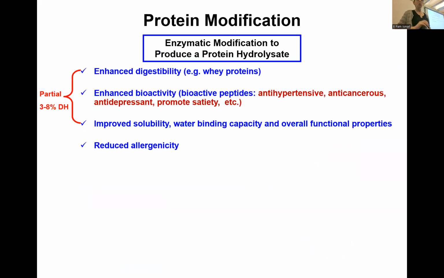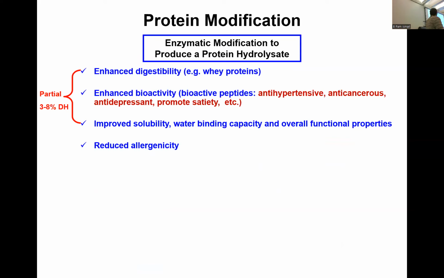Okay, so enzymatic modification to produce a protein hydrolysate. In terms of ingredient production, this is very, very common. It's used for a lot of different proteins. Whey protein is one, and it is used to enhance digestibility, for example, for baby formula.